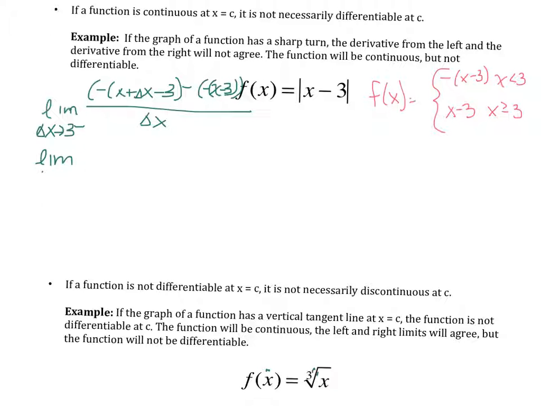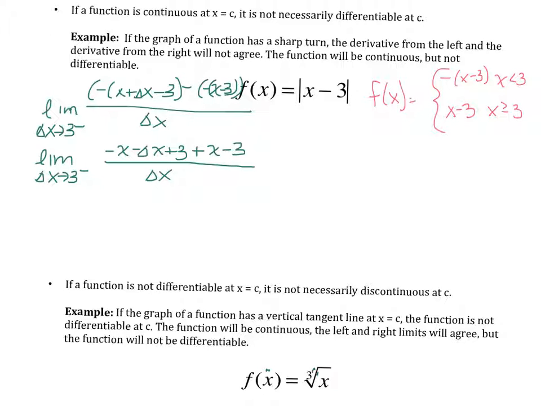When we do that arithmetic out, that gives us negative x minus delta x plus 3, plus x minus 3, all over delta x.